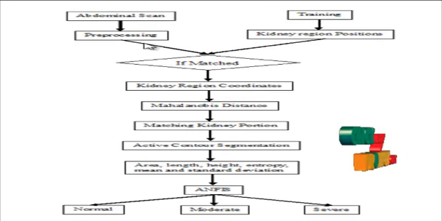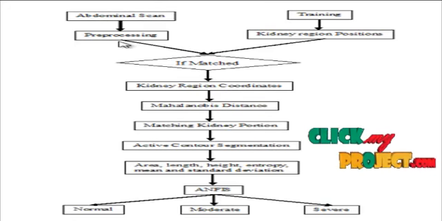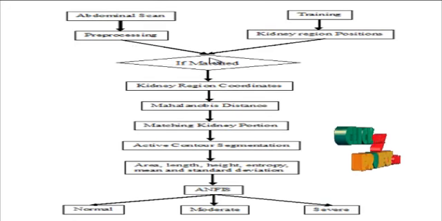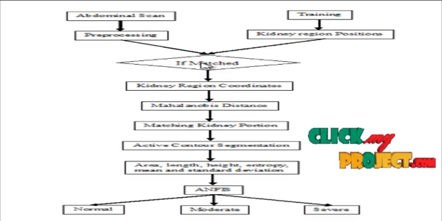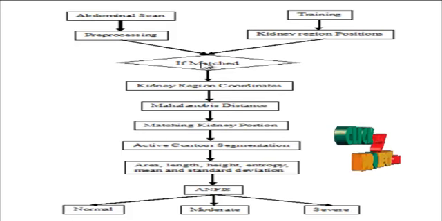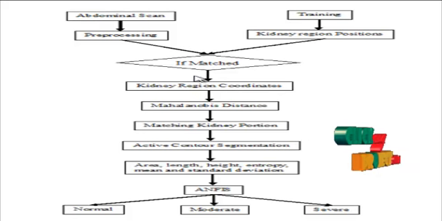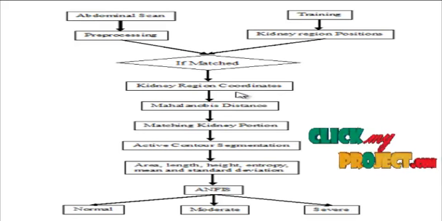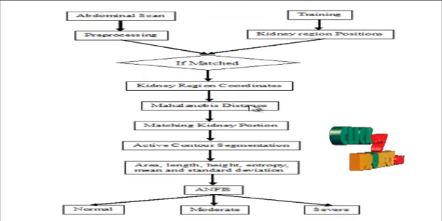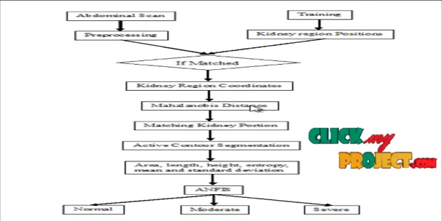So we calculate the mean value for the input image and the differences between them are calculated, and based on the matching process the exact registered kidney shape with which the input image is matched is obtained. After the matching, the kidney region coordinates were obtained, and based on that the kidney portions were extracted from the input image that we have given.